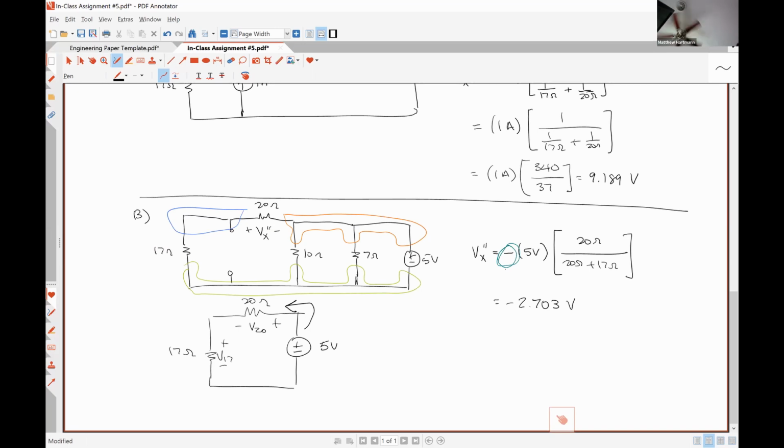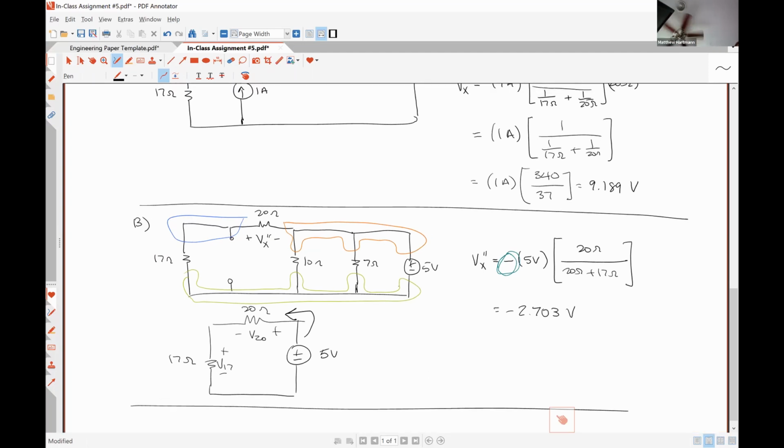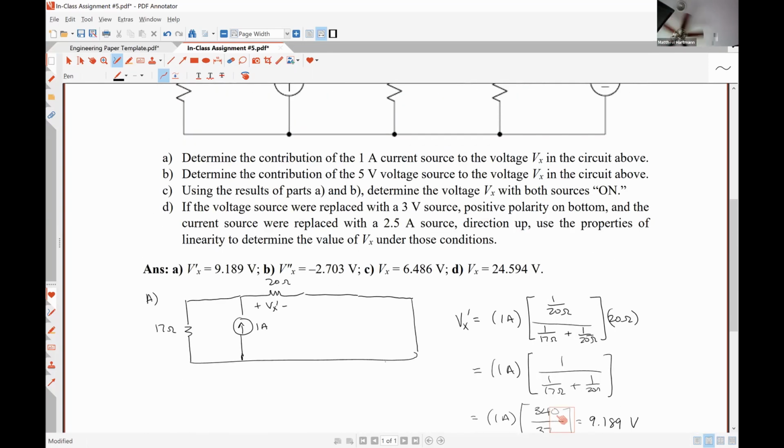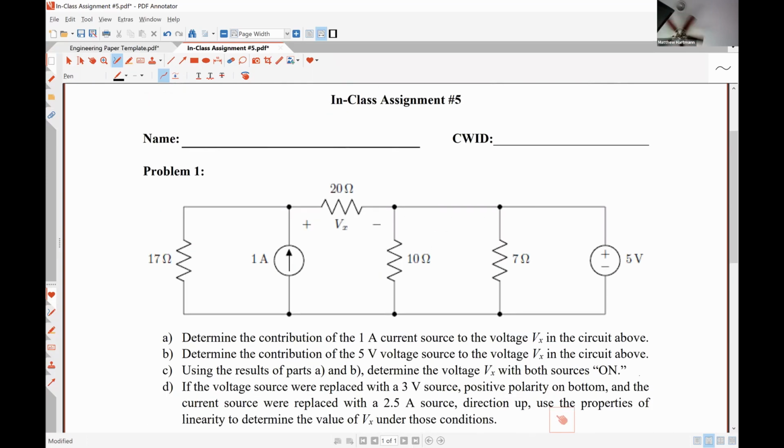All right, so let's look at part C. Did I run out of room? I did. All right. So part C says, using the results of parts A and B, determine the voltage Vx with both sources on. So instead of going through the trouble of analyzing this circuit with both sources on, we can exploit what's called the additivity property.